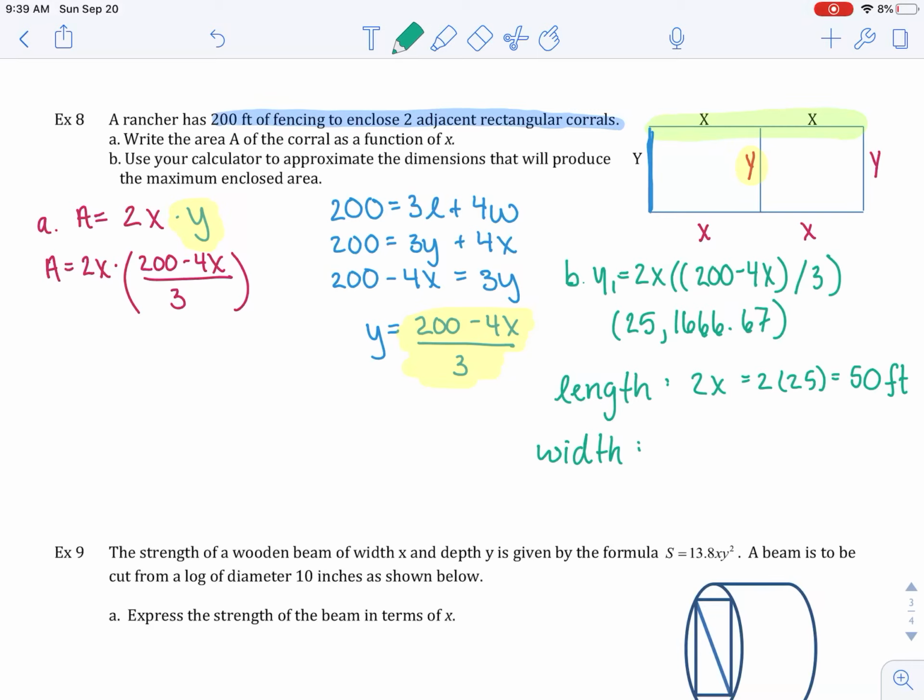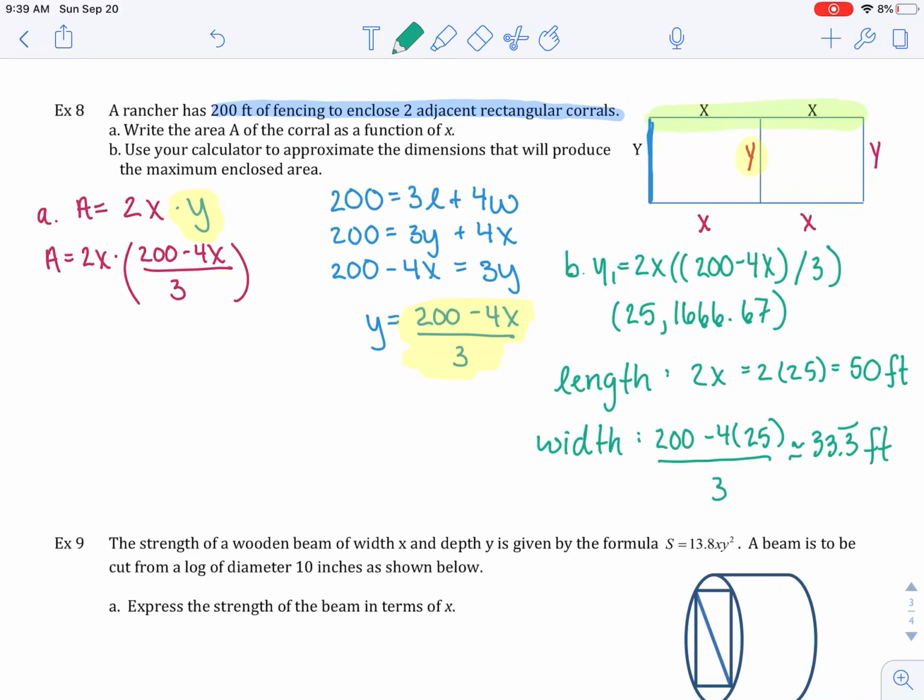So I have 200 minus 4 times the x, which is 25, all over 3, which approximately I get as 33.3 repeating feet. And those are my answers. I'm going to put that box around so I know this is the end of my thinking process.